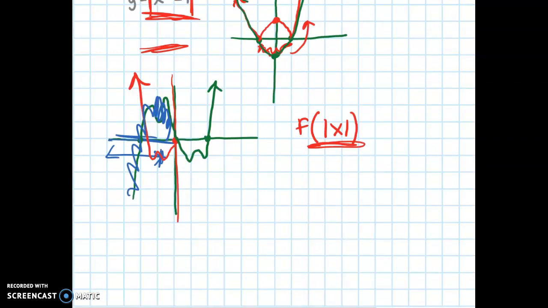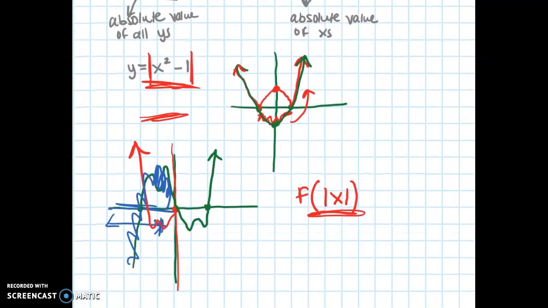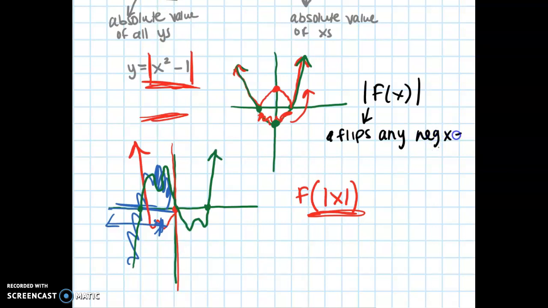To recap this property, you might want to just add it into your notes. The absolute value of f of x flips any negative y value up above the x-axis.